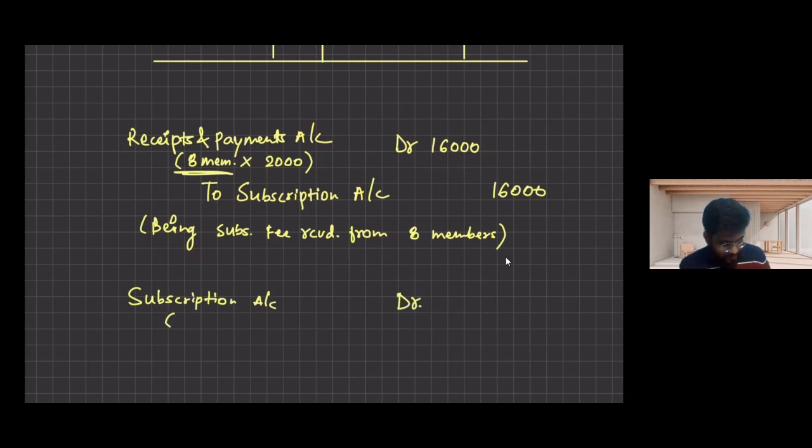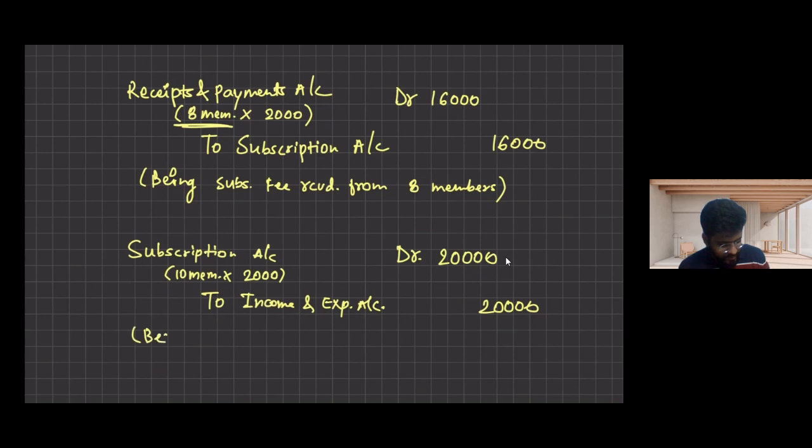That is, I will receive fees from 10 members of rupees 2000. So that should be rupees 20,000. And that I will transfer to my income and expenditure account. In bracket, I will write being fees due from 10 members.